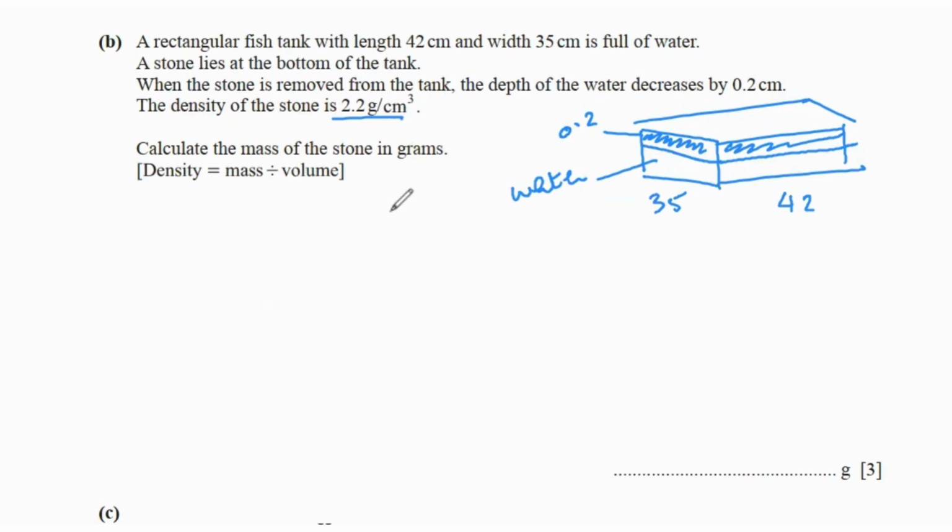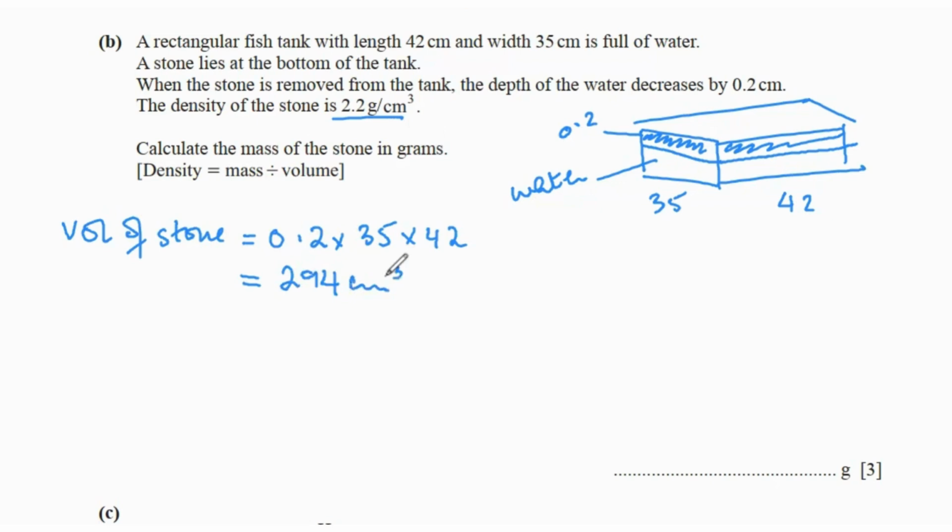So to find the mass of the stone, we need to first understand that when we remove the stone from the water, the level of the water decreases by 0.2 centimeters, which means the volume of the stone is going to be 0.2 times 35 times 42, which is going to give us 294 centimeter cube.